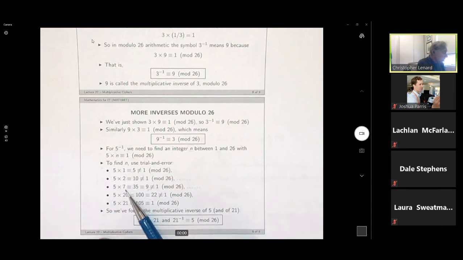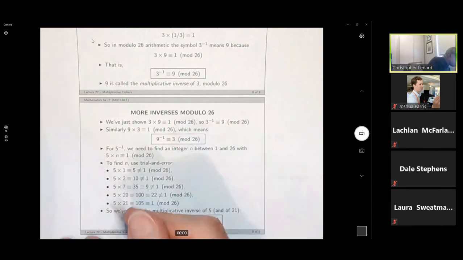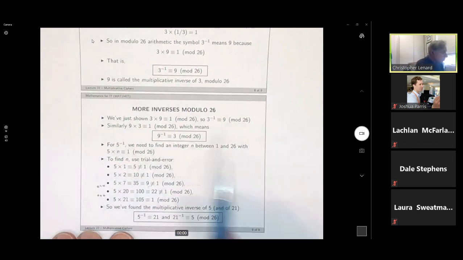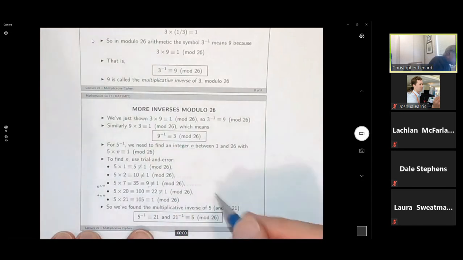So you work your way all the way through, and there's lots of dots in there. Finally, you get to 5 times 21. There's 105, and 105 is 4 times 26, which is 104, plus 1.